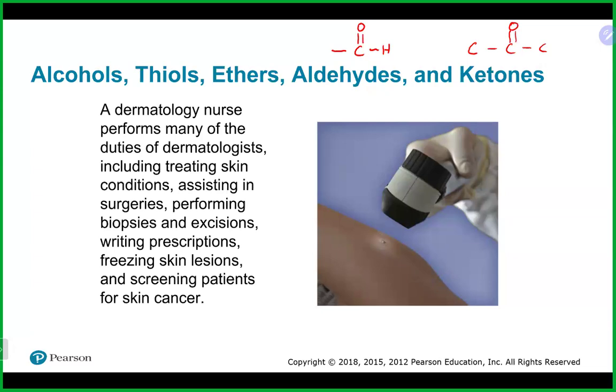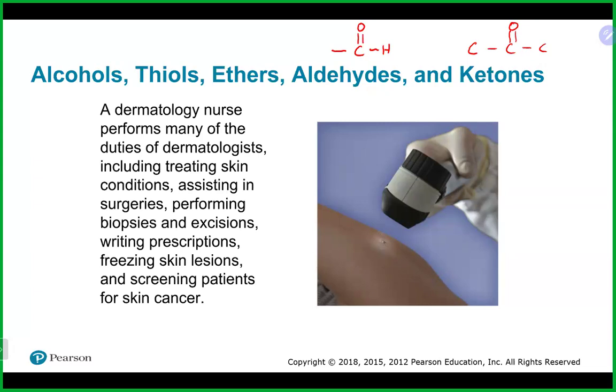So being able to recognize these functional groups is really important to help you think about what type of group you're dealing with. It also helps you with the naming part, how things end. So you want to look for those groups.